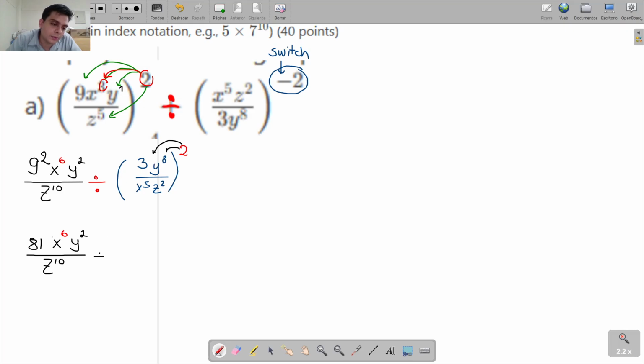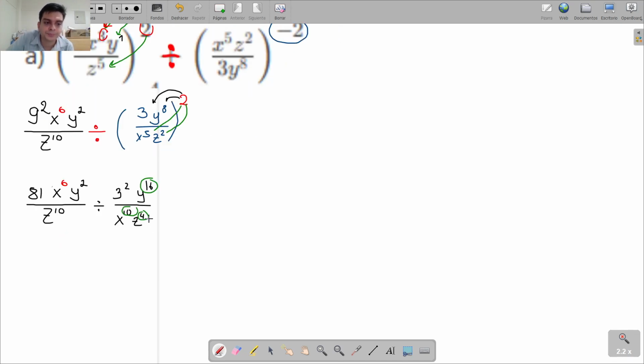In here we are going to have 3 to the power of 2, y to the power of 16 over x to the power of 10, and z to the power of 4. As you can see, what I'm doing here is multiplying the exponent 2 with 8, 16, 2 with 5, 10, 2 with 2, 4. Afterwards, we are done in this part.